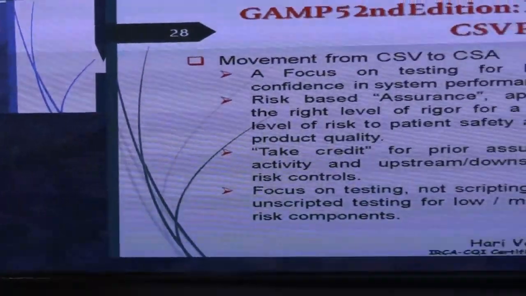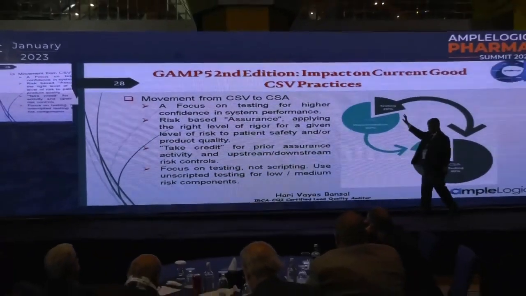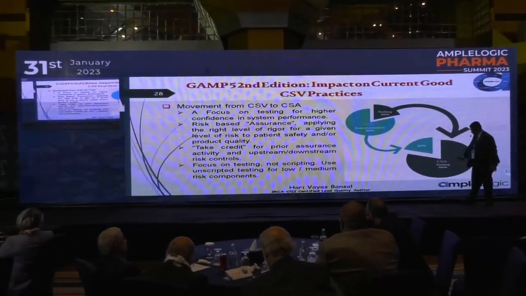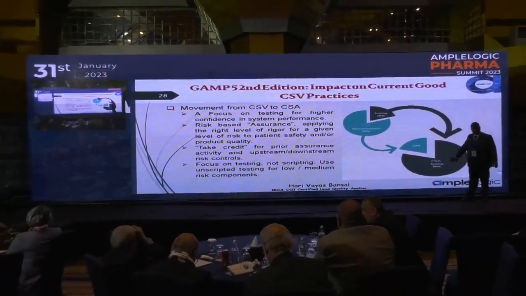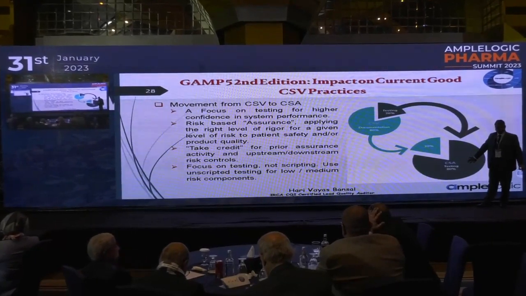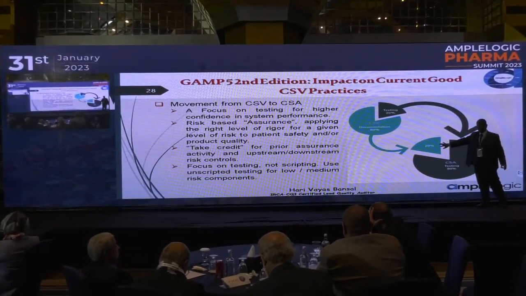So earlier in the CSV approach, the documentation was 80% and testing was 20%. In the new CSA or GAMP 5 second edition, the testing is 80% and the documentation remains 20%.